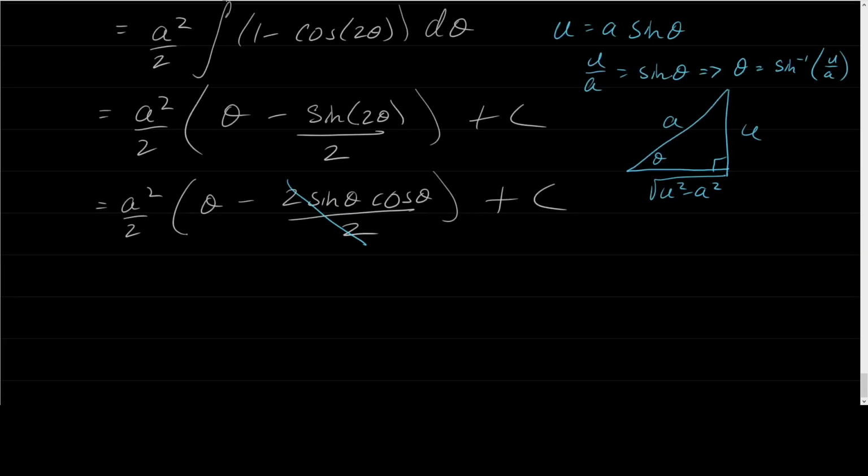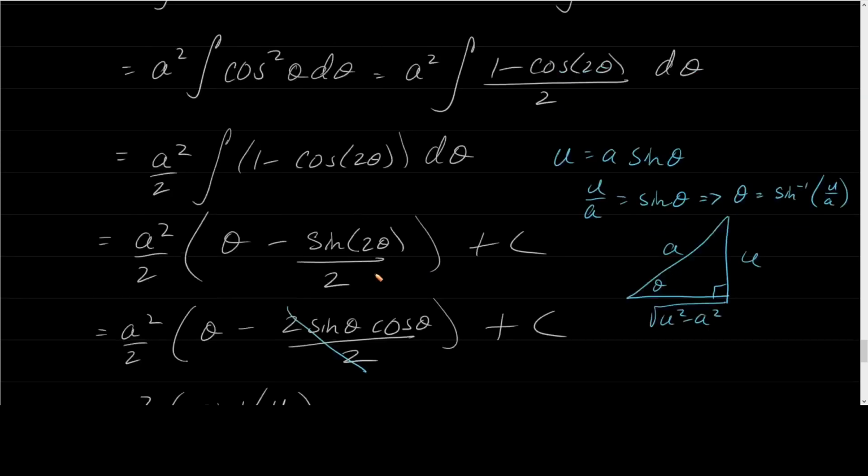We're going to write this as a squared over 2 times theta, which is sine inverse of u over a, and then minus sine theta from SOHCAHTOA, sine is opposite over hypotenuse. Hold on, I just realized I made another mistake.